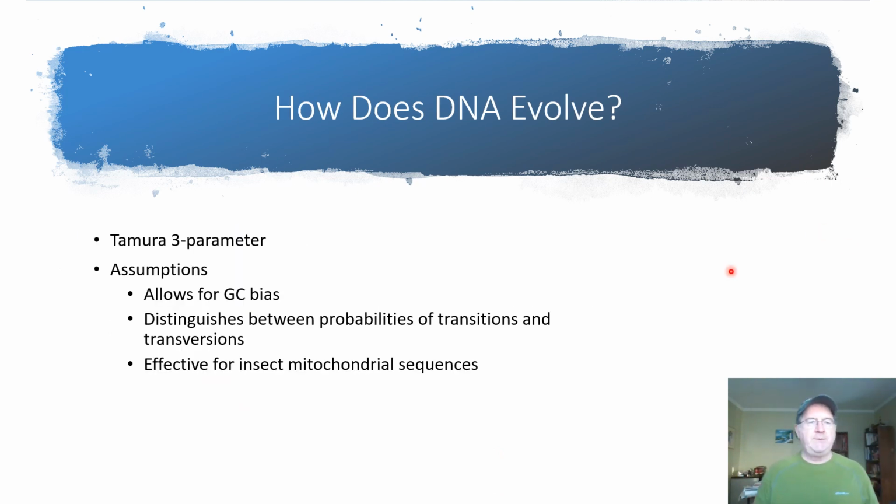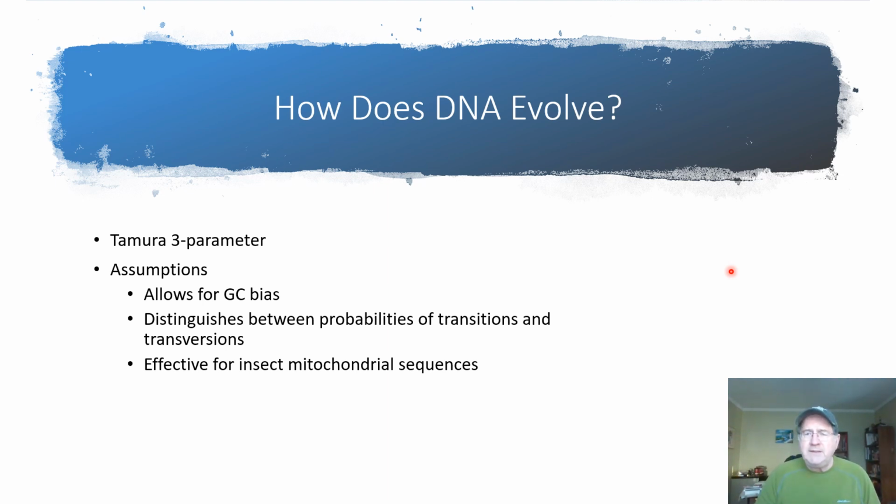Then we graduate up to the Tamura 3-parameter, which adds the possibility of allowing for GC bias. So we're no longer assuming that the nucleotides occur in equal frequencies in the sequence. Often this is true, especially with things like nuclear protein coding genes, that within a margin of error, the proportion of guanines and cytosines in the sequence is roughly equal to the proportion of adenines and thymines, so AT versus GC.